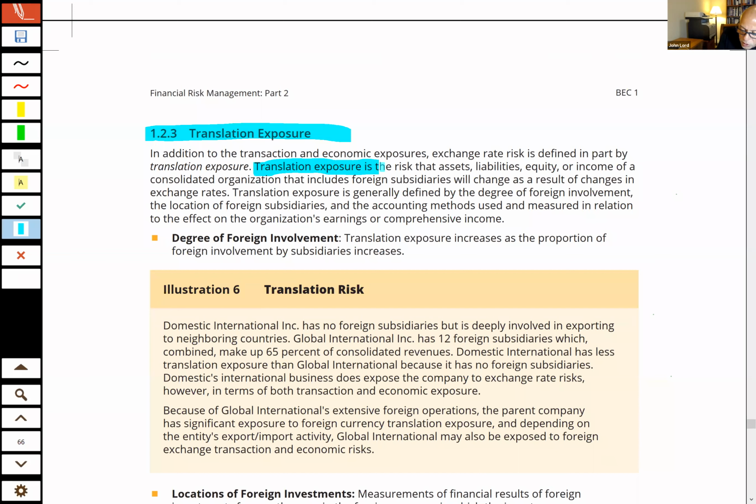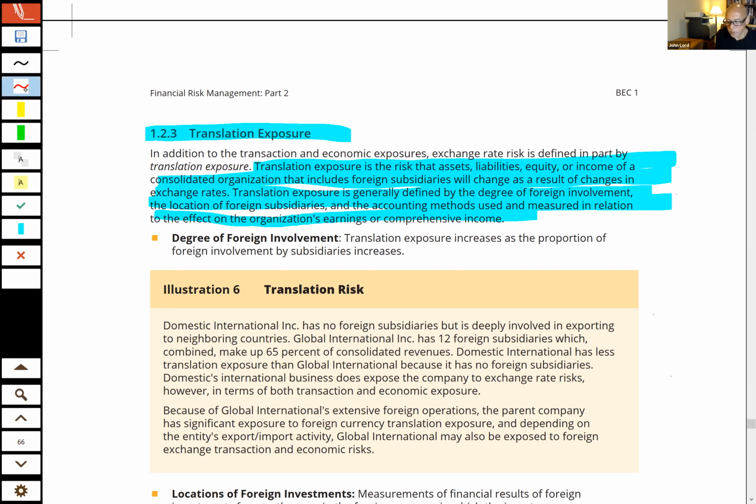So translation exposure is the risk that assets, liabilities, equity, or income of the consolidated organization that include foreign subsidiaries will change as a result of changes in exchange rate. Translation exposure is generally defined as the degree of foreign involvement, the location of the foreign subsidiary, and the accounting methods used, and measured in relation to the effect on the organization's earnings or comprehensive income.